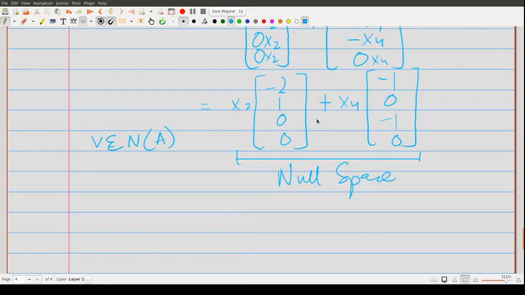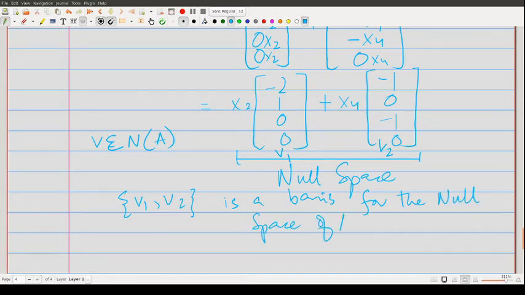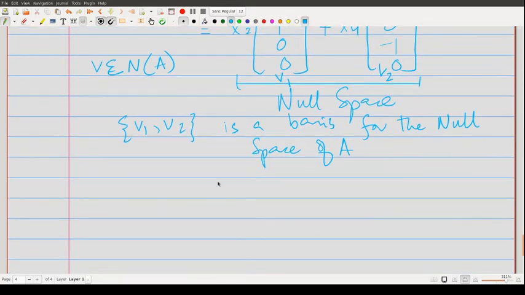And so what this tells me is the following: if I call these vectors v1 and v2, then v1, v2 is a basis for the null space of A, and therefore I get the dimension of my null space to be equal to 2.